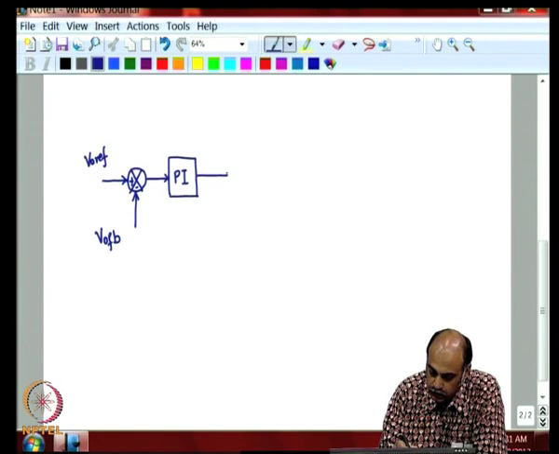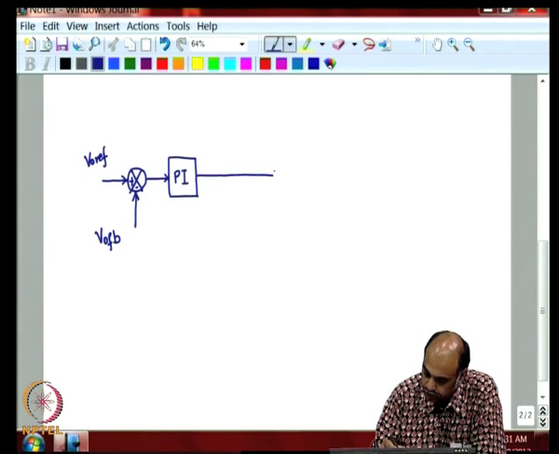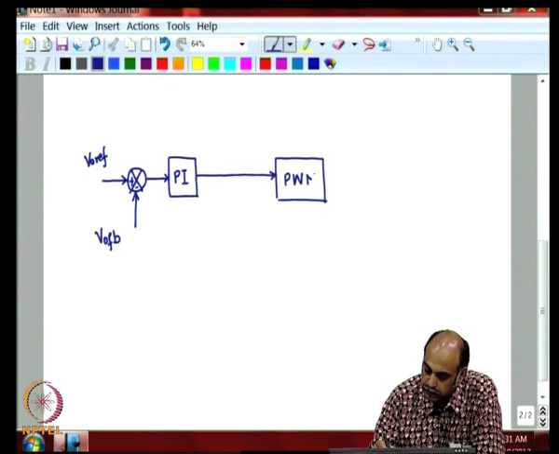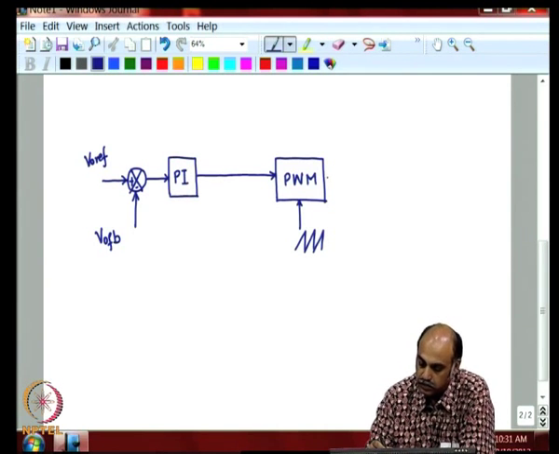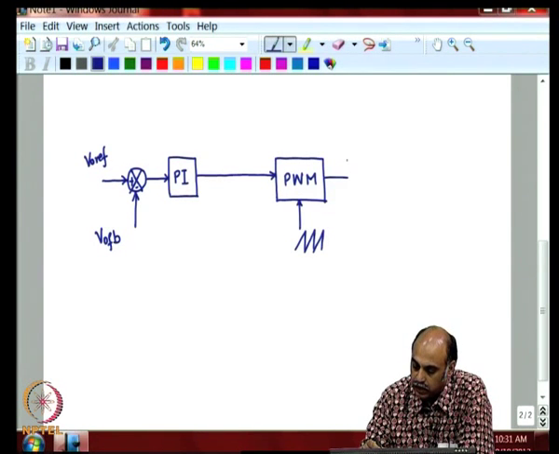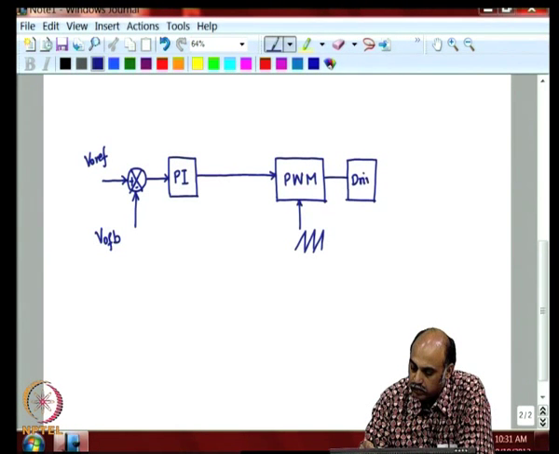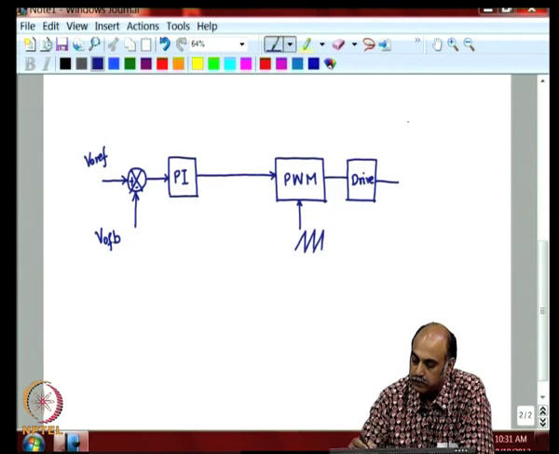Now, the output of the controller goes to the pulse width modulator, PWM, which has also another input, a triangle or a sawtooth carrier which determines the switching frequency, and then you have the driver which goes to the plant.